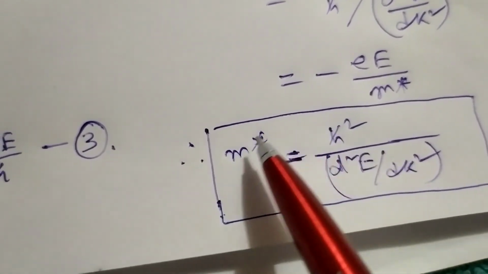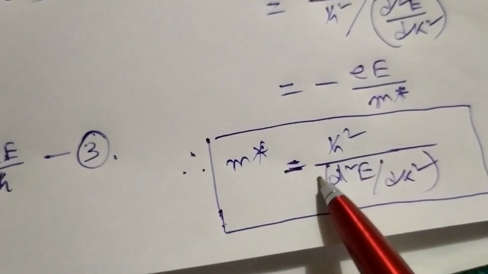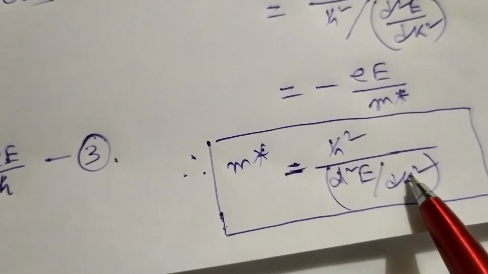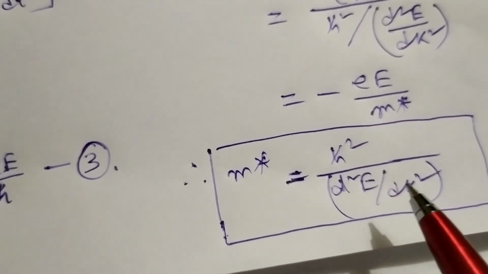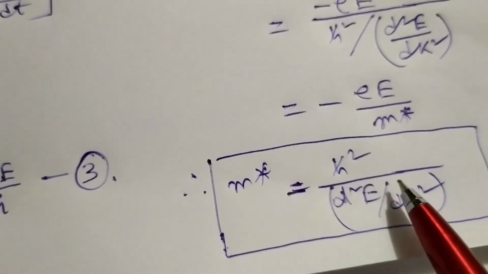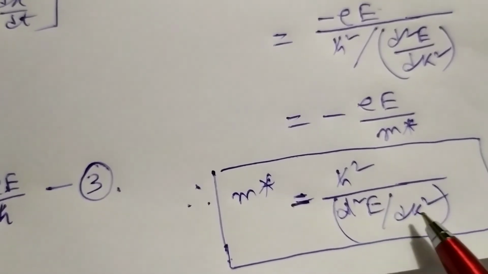If graphically we have to study this, then first of all we have to draw the E-k curve for an electron inside a crystal. Then from that E-k curve we will draw the dE/dk curve, and next from dE/dk we will get the concept of d2E/dk2.